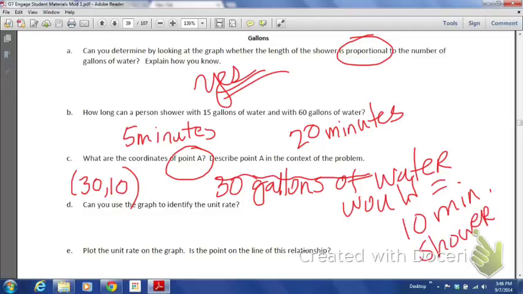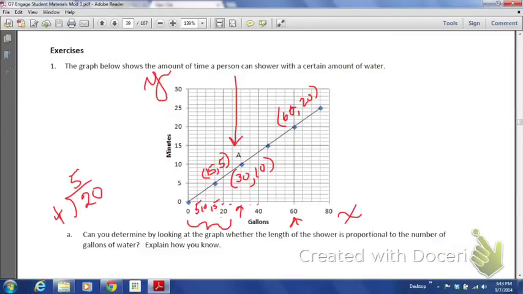Now D, can you use the graph to identify a unit rate? Using the graph to identify a unit rate might not be so easy, but we can try. We can look at some of our points. We know we have 15, 5.